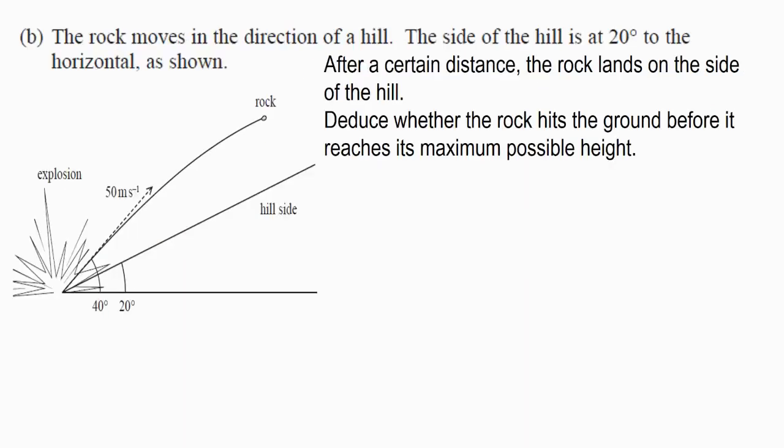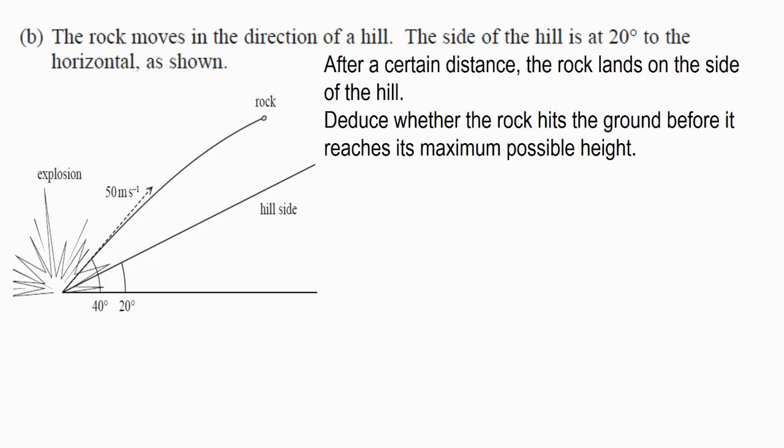Then the next part: the rock moves in the direction of the hill. The side of the hill is at 20 degrees to the horizontal as shown. After a certain distance, the rock lands on the side of the hill. Deduce whether the rock hits the ground before it reaches its maximum possible height.